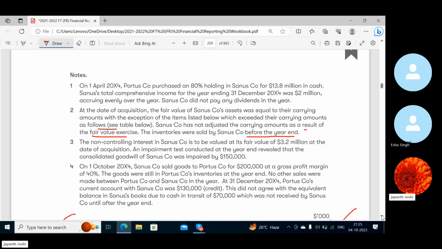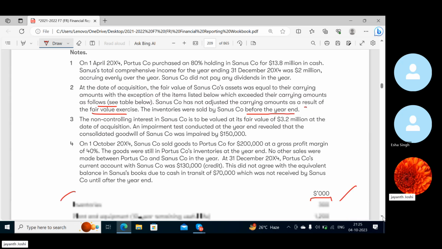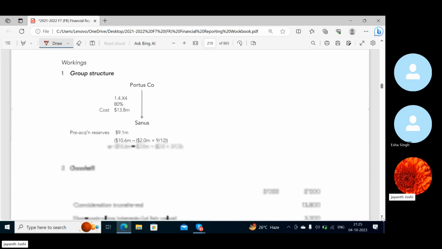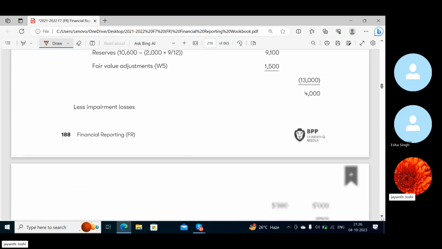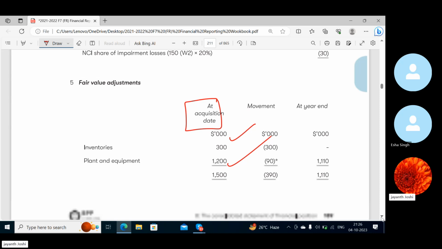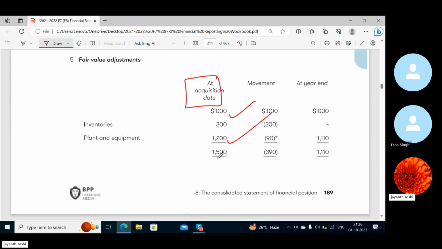So the inventories, the movement in inventory value is how much? The movement on the date of acquisition is this much, right? At the acquisition date, the values are higher by this much, right? At the year end, what is going to happen? Whatever inventory you have, you are selling that inventory, correct?